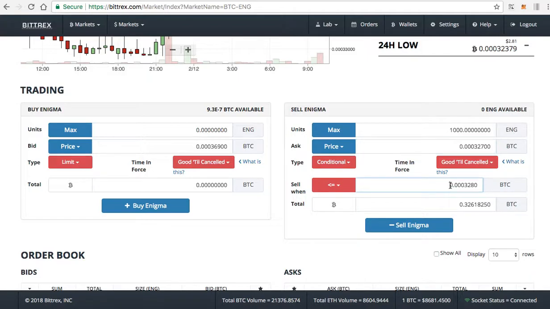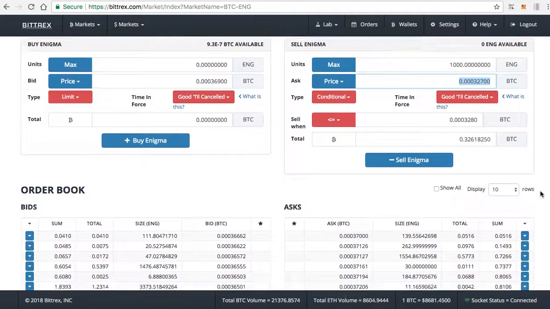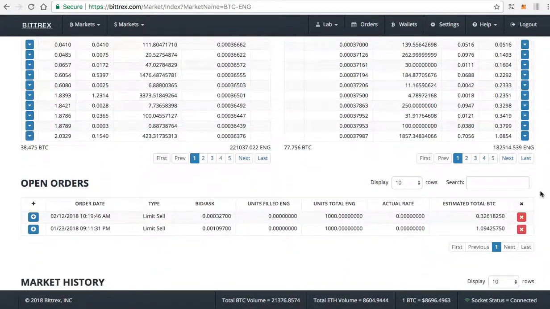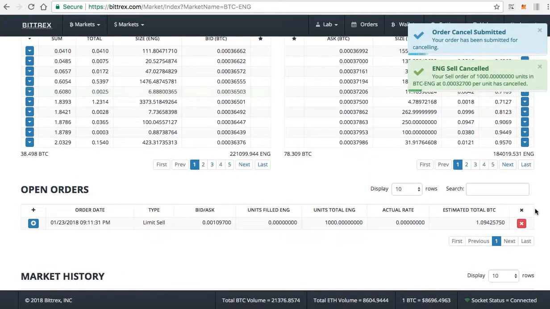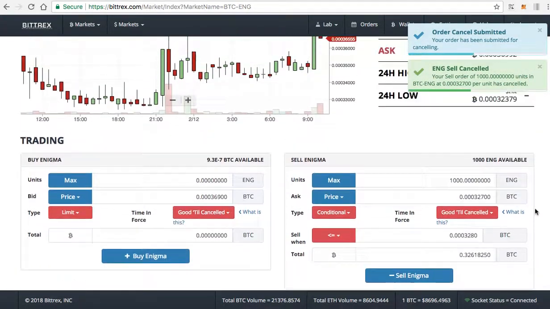As soon as Enigma hits 328 or less, automatically put this order on the books to sell at 327. Okay, so that's how you set a stop loss. I'm going to go down here, I'm going to cancel it because I don't want to sell it at that. That's how you set a stop loss on Bittrex.